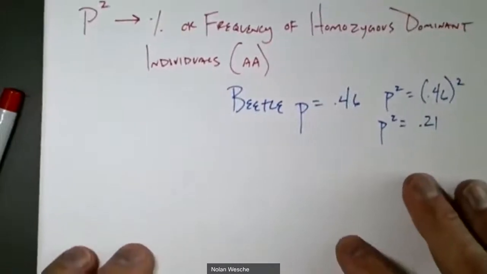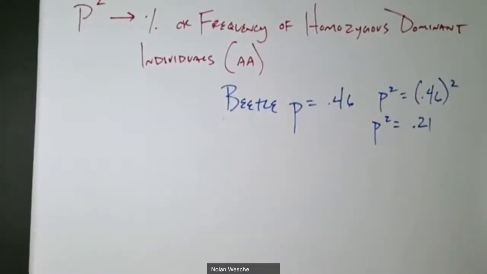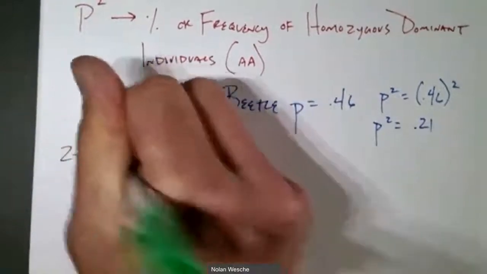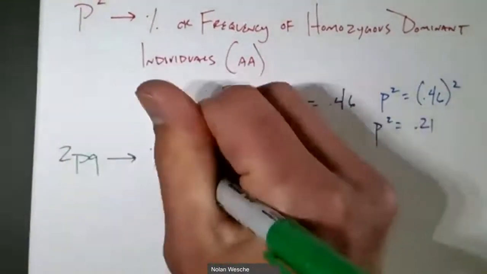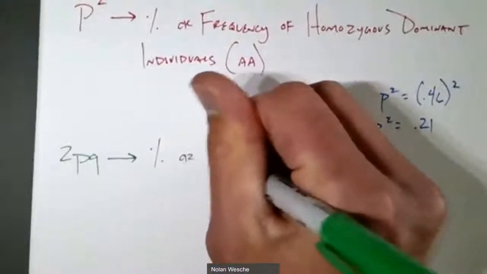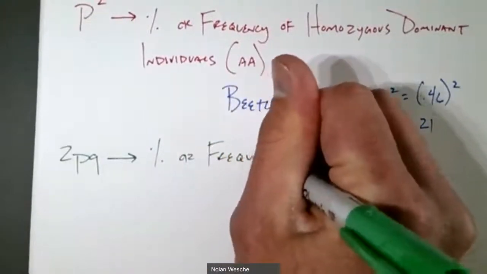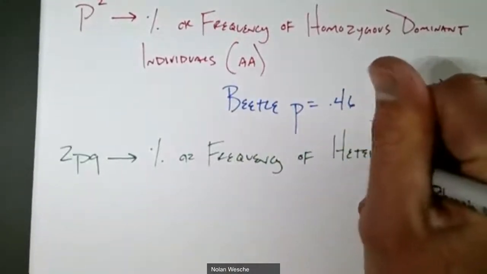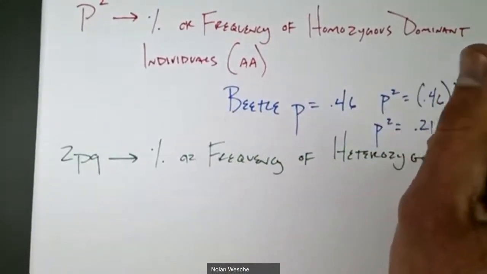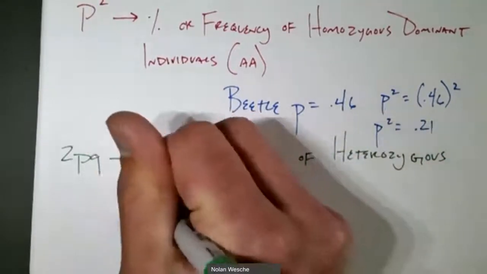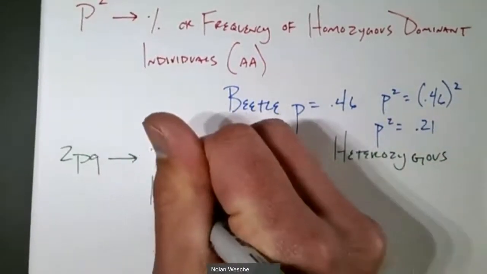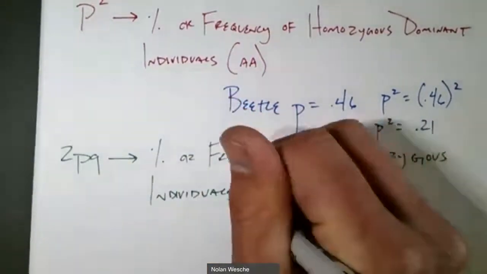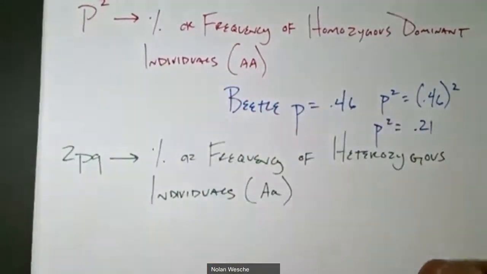So last but not least, I've got one last variable to find, and that is 2PQ. So this is going to be the percent or the frequency of the heterozygous, the big A, little a. So this is big A, little a.